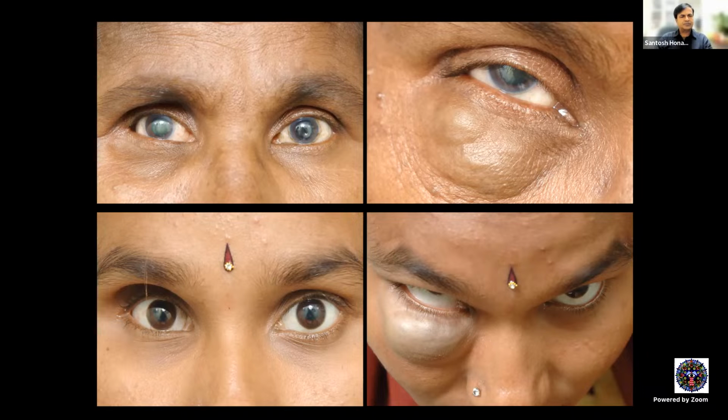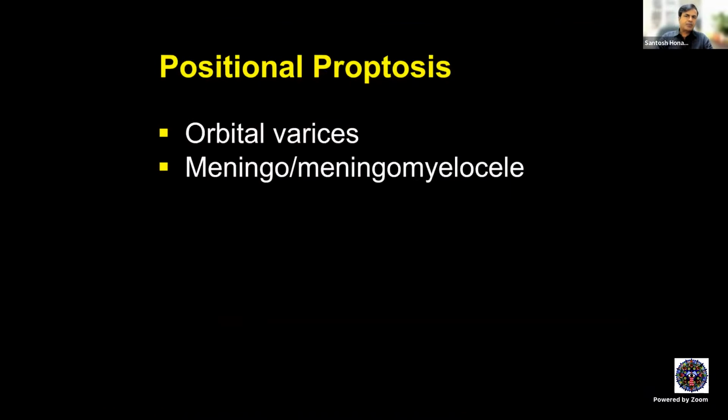So that's seen in neurofibromatosis. Or what else? Is there any other differential diagnosis? Quickly. Meningocele and meningomyelocele, right? Those obviously, sphenoid wing dysplasia also causes that. So either it is acquired or congenital.